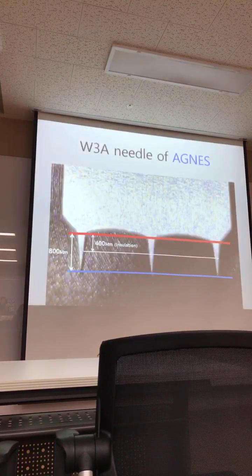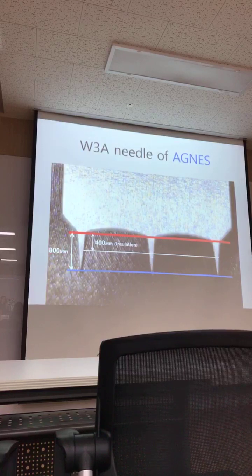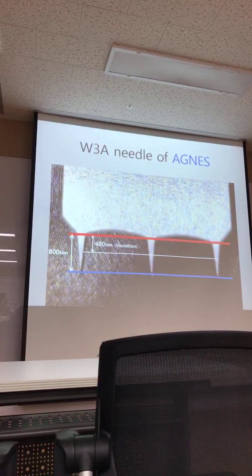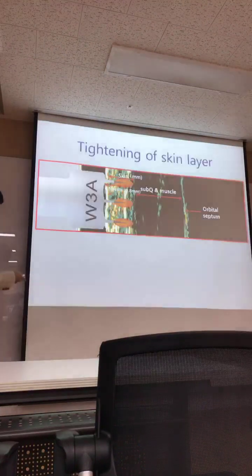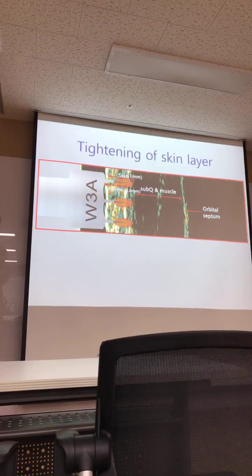So I made a very short needle. This is the 800 micrometer W3A needle, and the upper 50% is covered by insulation, so that we can give the heat within the eyelid skin. Okay, this is an ultrasonic view of my lower eyelid area.